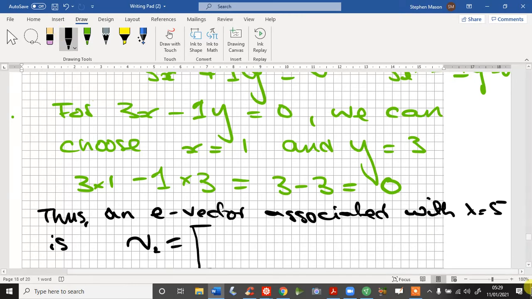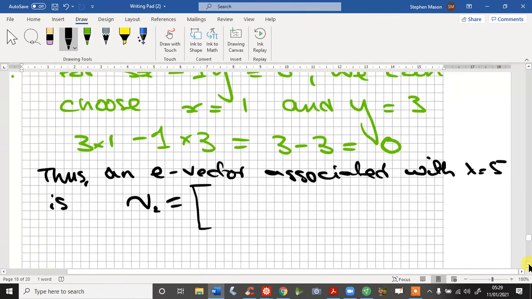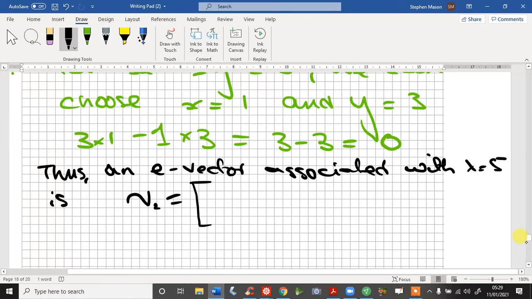Let's move this down a little bit. Equal to 1 and 3. That's a little bit cramped. Let's just make that a bit bigger.